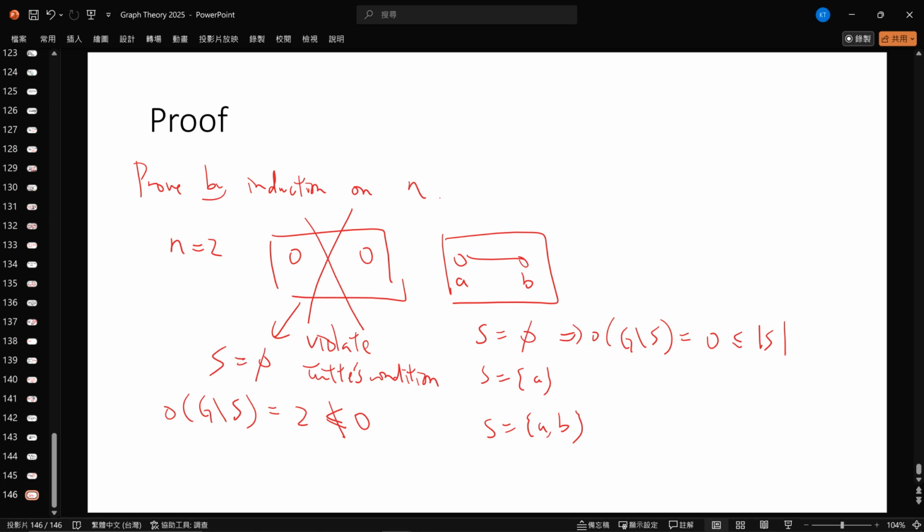So this is at most the size of S, because in this case S is 0. Now, if you remove A from the graph, then you have one odd component. And once again, this is at most the size of S.